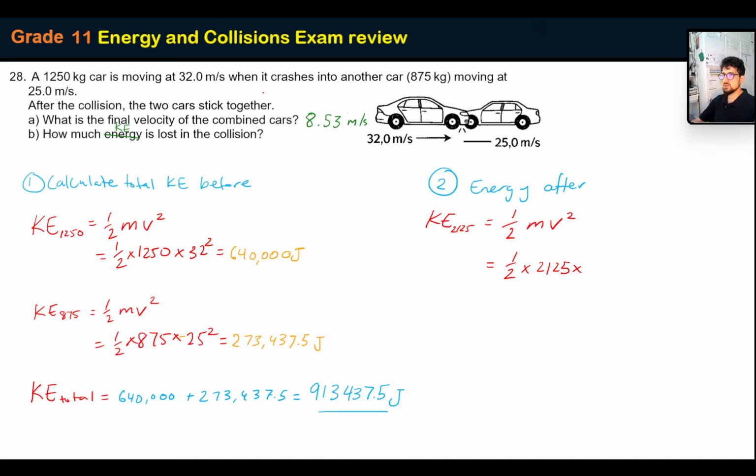Well, lucky for us, we worked it out before. Remember, it's 8.53. So 8.53 squared, and that's going to give us 77308.46. Just go with 0.5. We're working with such big numbers that it doesn't matter to go to 2 decimal places.